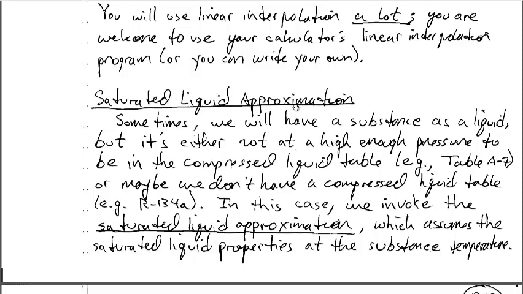For example, with R134A, we don't even have a compressed liquid table. In this case, we invoke what is called the saturated liquid approximation, which assumes the saturated liquid properties at the substance temperature. Okay, so what does that mean?